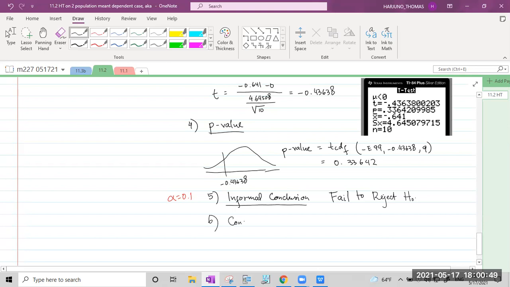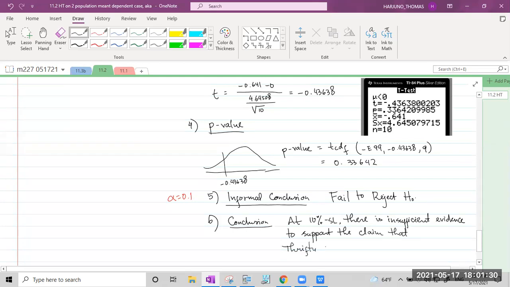And the conclusion: at the 10% significance level, there is insufficient evidence to support the claim that Thrifty is less expensive than Hertz.